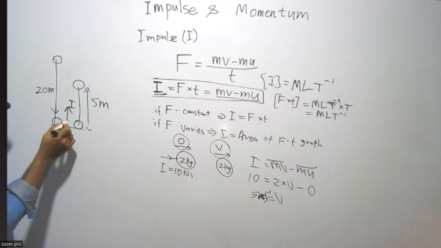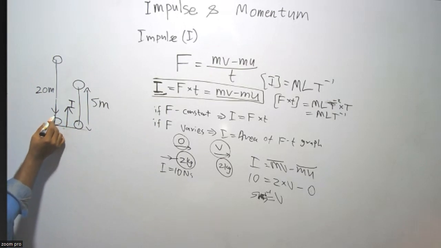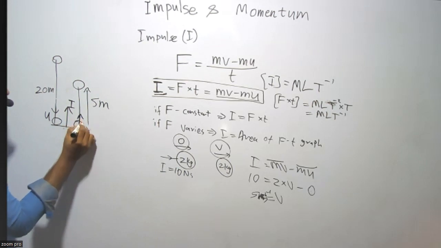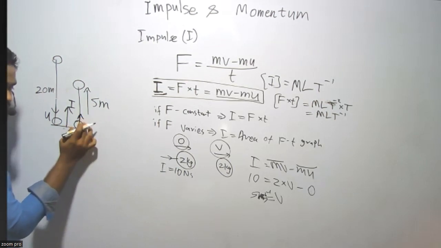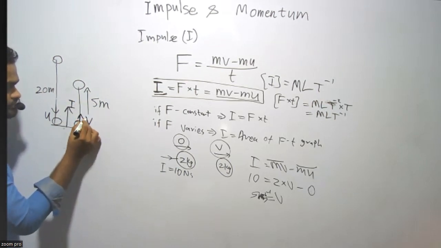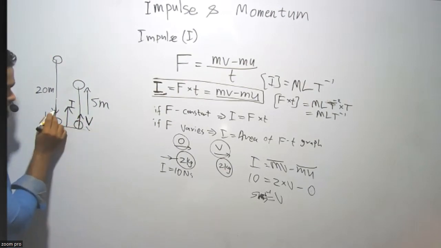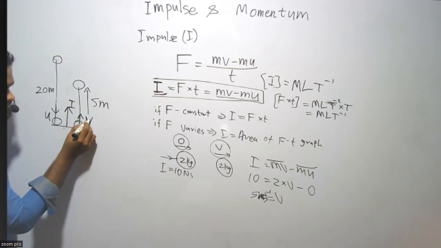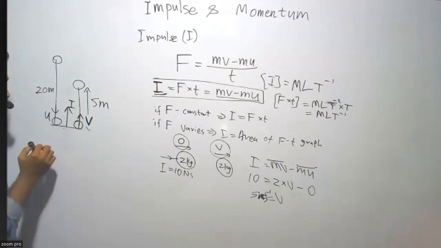But you need to find these velocities. You need to find the velocity when it hits the ground, let's say that velocity is u. Then find the velocity at which it bounces off the ground, let's say that is v. Got it?